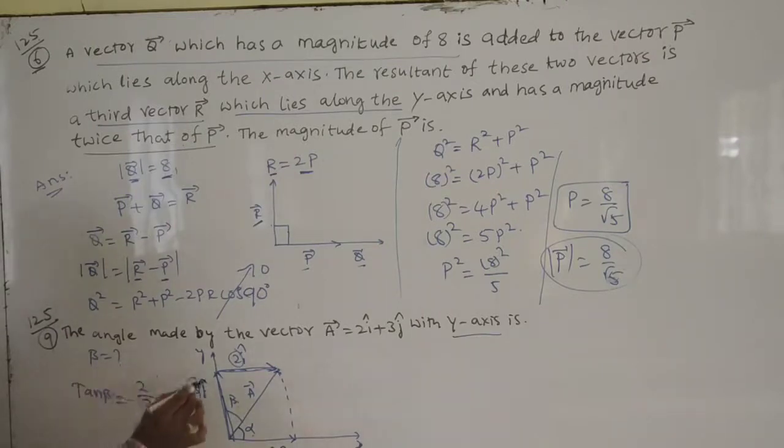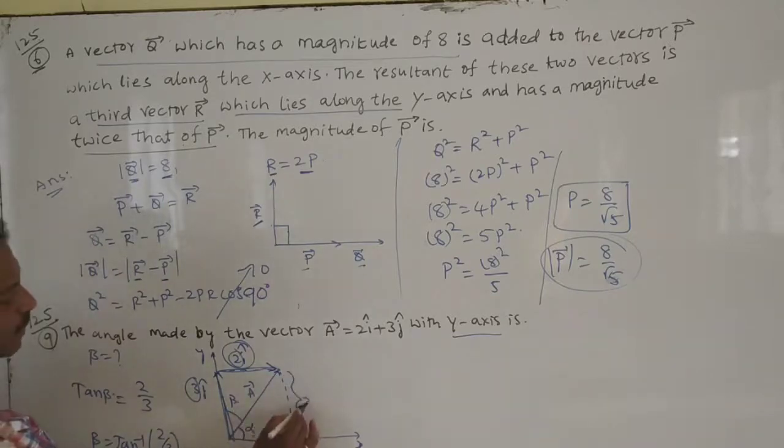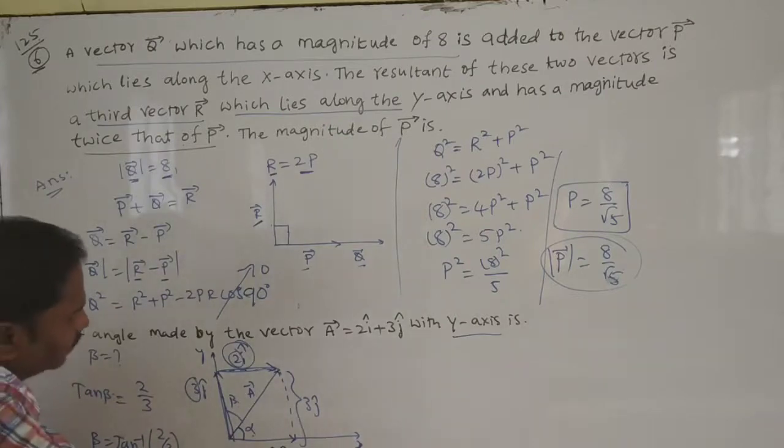We always have to take magnitude only. So beta equals tan inverse of 2 by 3. Now what about alpha? Tan alpha equals opposite side by adjacent side, so alpha equals tan inverse of 3 by 2.